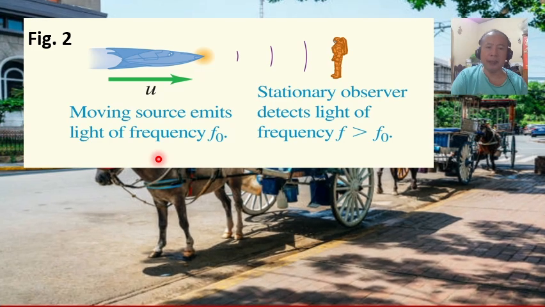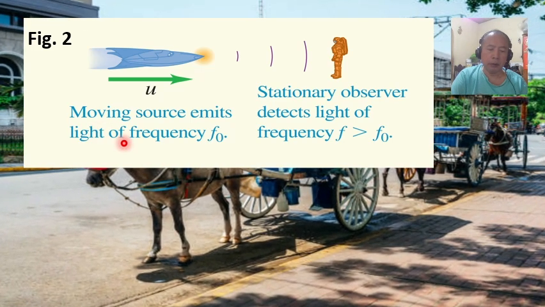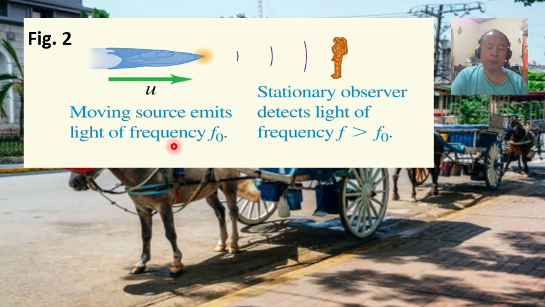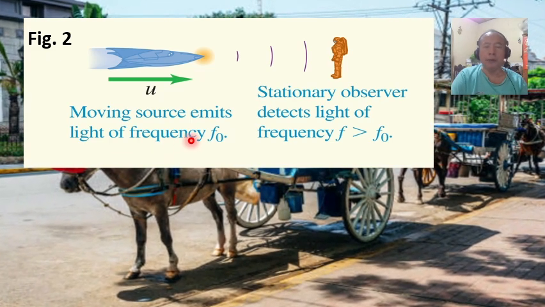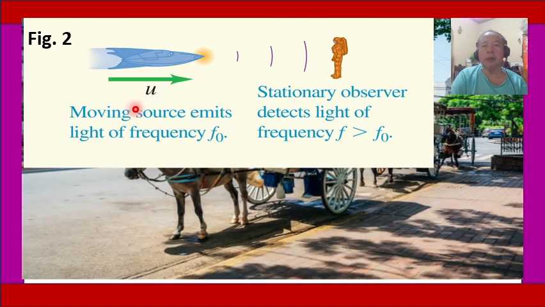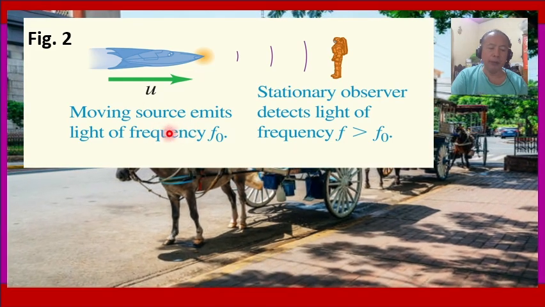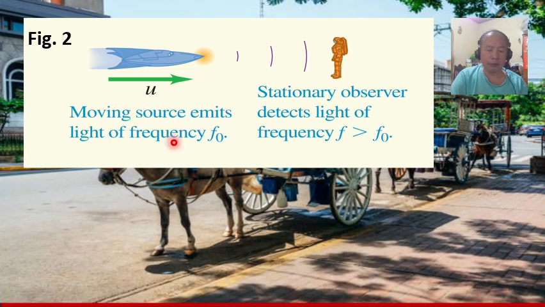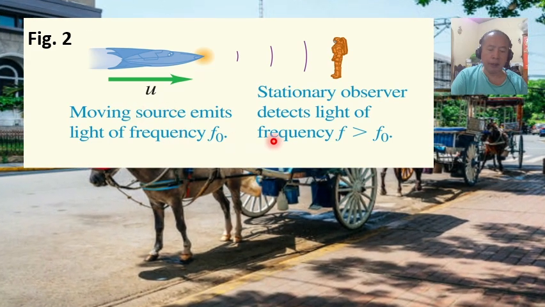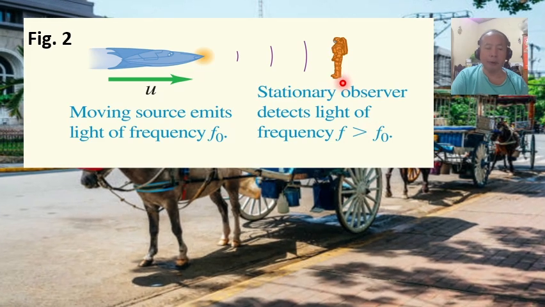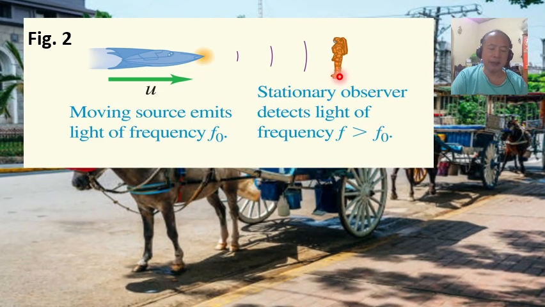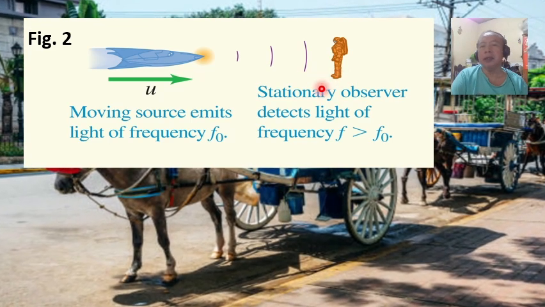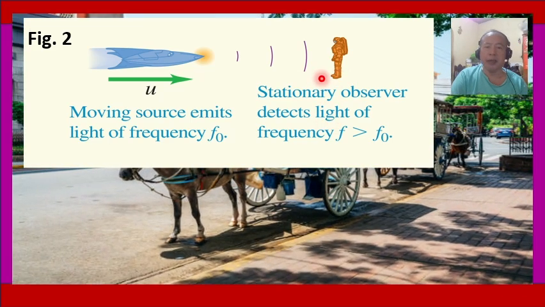As illustrated in figure 2, we have a particular situation where the Doppler effect for EM waves occurs. A moving source emits light of frequency f naught, and a stationary observer detects the light but of frequency f, which is greater than f naught.